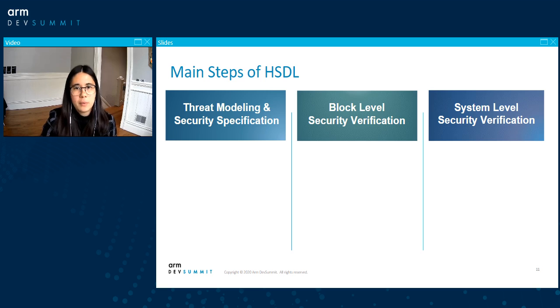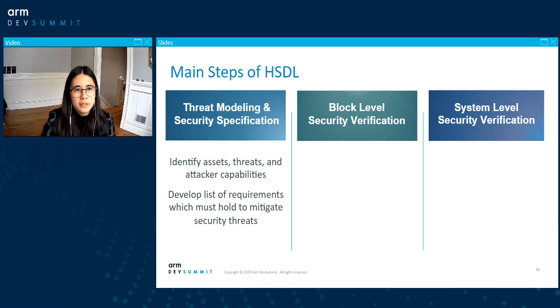So going deeper into the three main steps of the secure development lifecycle for hardware, the first is threat modeling and security specification. This includes identifying assets, threats, and attacker capabilities. And the outcome of this process is to develop a list of requirements which must hold to mitigate the security threats.